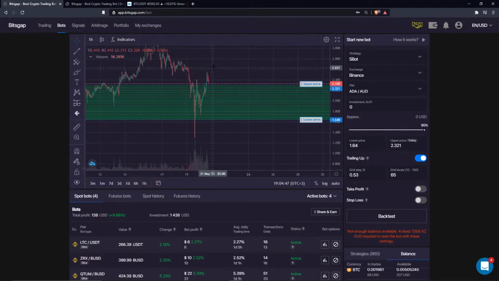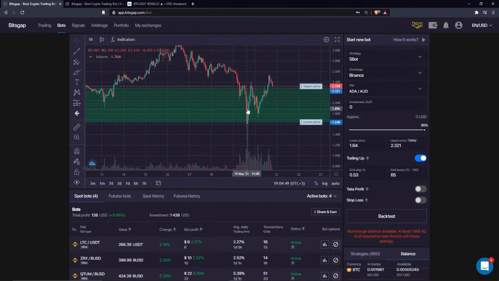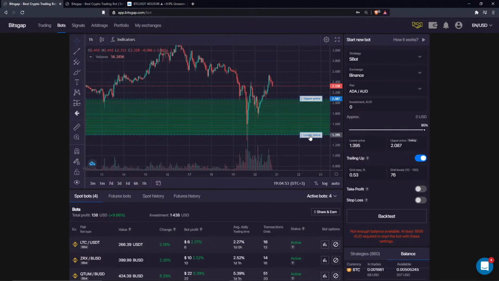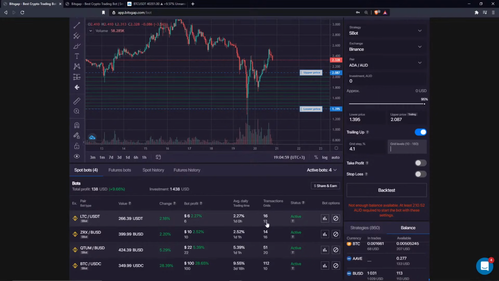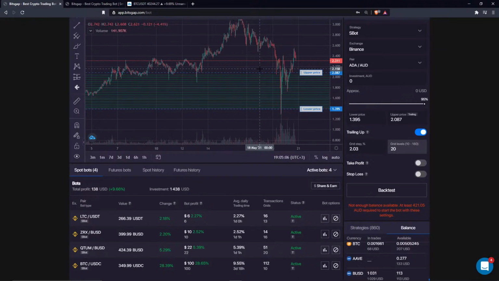As the market was around this area yesterday, I set my trading range like this. The most was 20 grids. This was the biggest number of grid levels that I set.